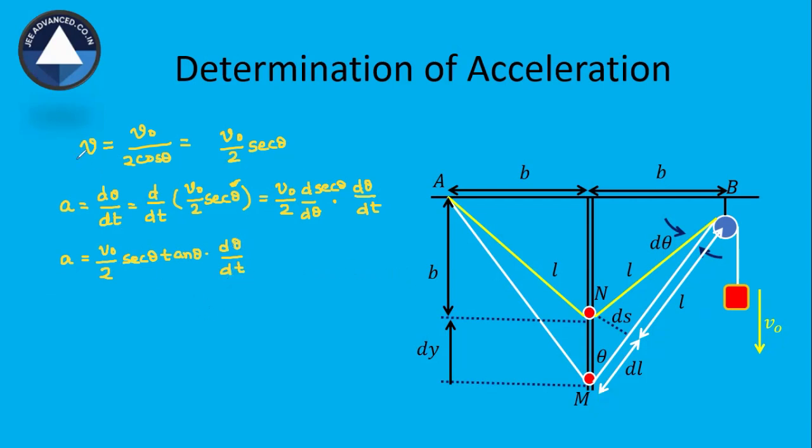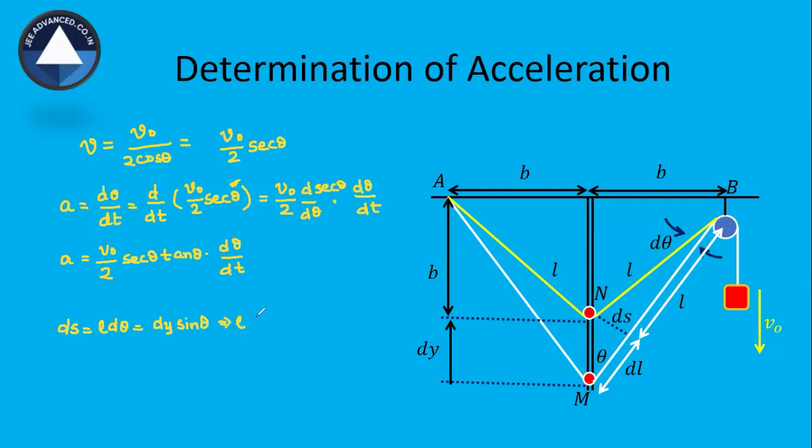If you could remember from the previous solution that we already have relation ds is equal to l d theta and also ds is equal to dy into sine theta. So using this relation we can find d theta upon dt. Differentiate both sides by dt.